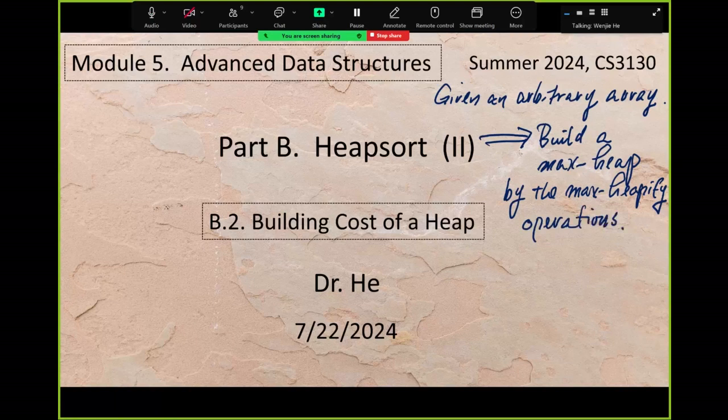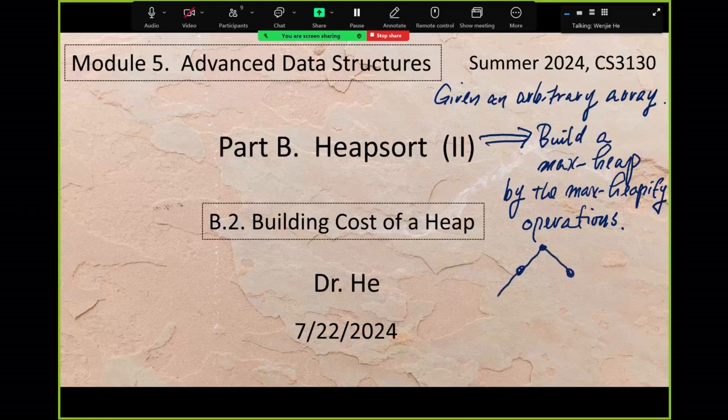Before I move to the next slide, let me draw a diagram, because on the next slide we may not have that much space. So let me use the space here to explain one basic operation we will use when we build a max heap.